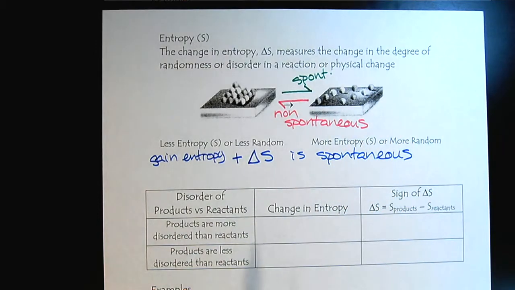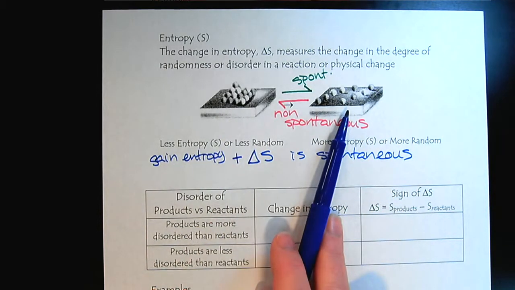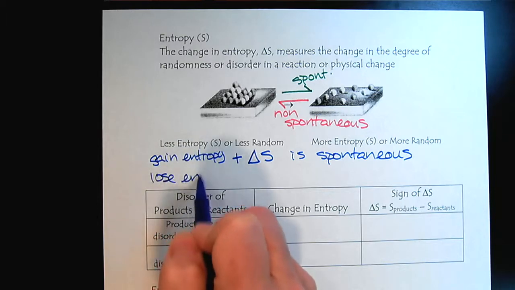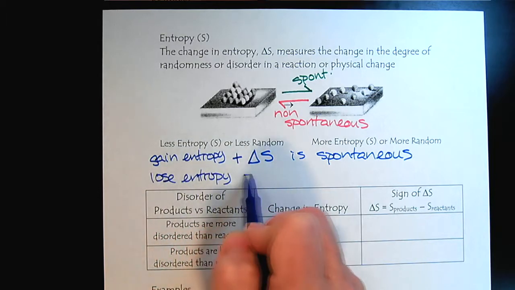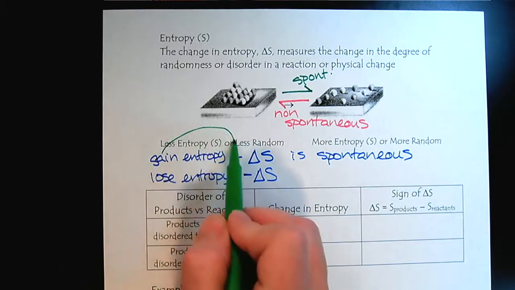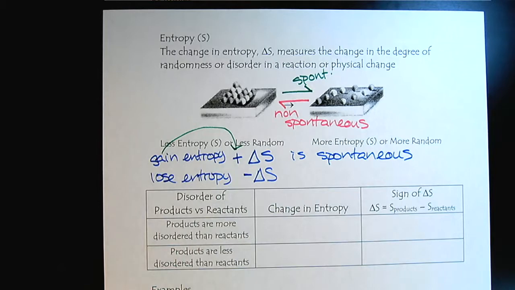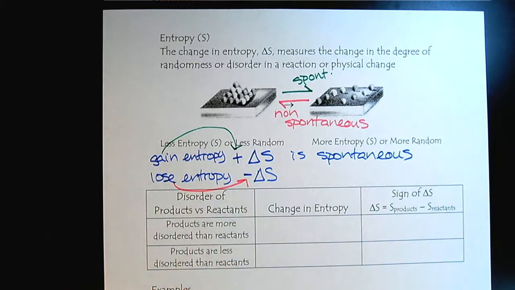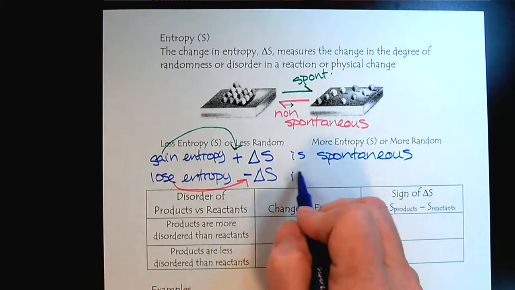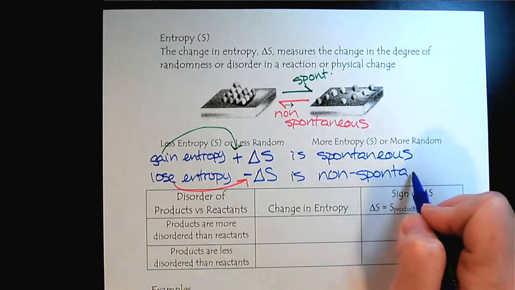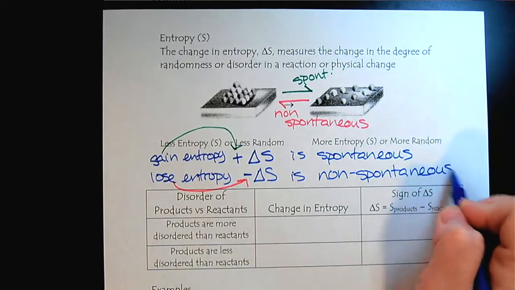The tiniest little bump will create disorder, not very much energy. So when we lose entropy, for gaining, you think of the plus, and losing, think of the minus. So to lose entropy, that is non-spontaneous. Imagine how long it would take to stack those marbles into a pyramid.